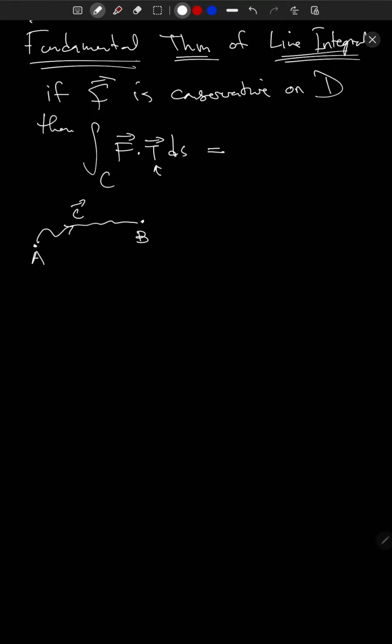Now how do we actually calculate line integrals? Well, we parameterize. So let's say r of t is a parameterization that allows us to calculate this line integral. Obviously we would like r to not repeat itself, to not move forward and backwards and forwards and backwards.